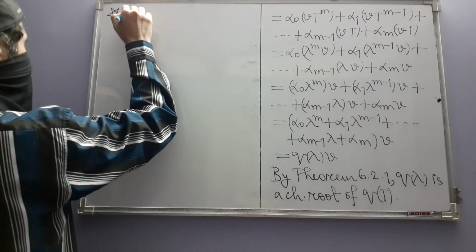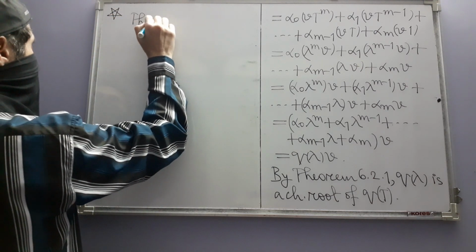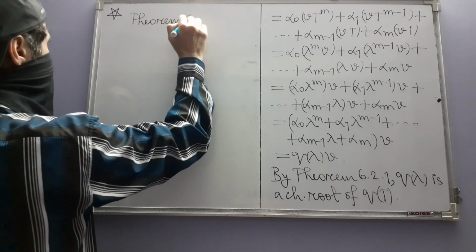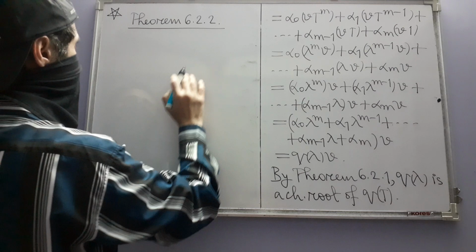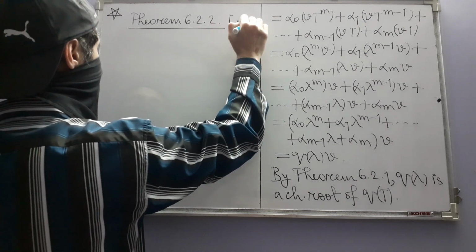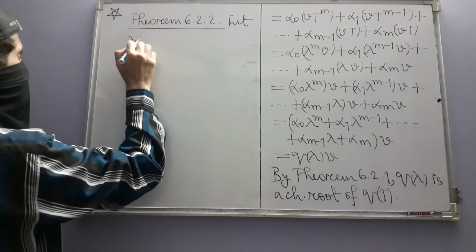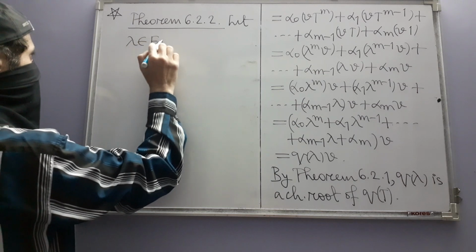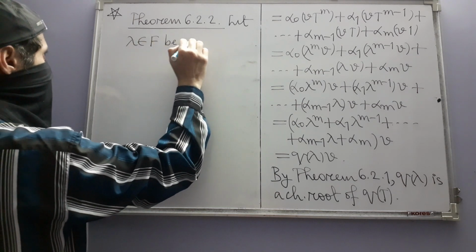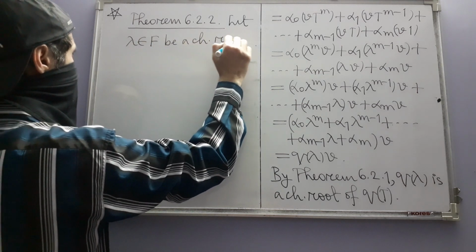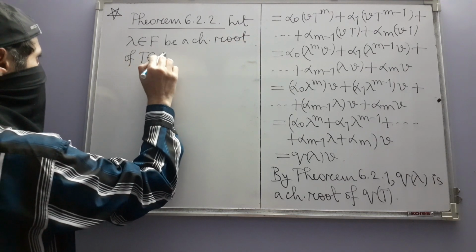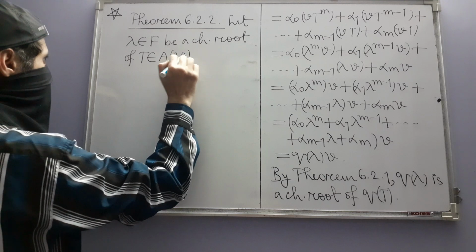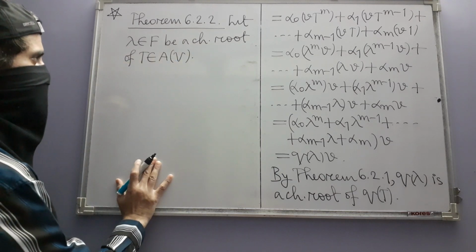This is theorem 6.2. Let lambda in F be a characteristic root of T in A(V).